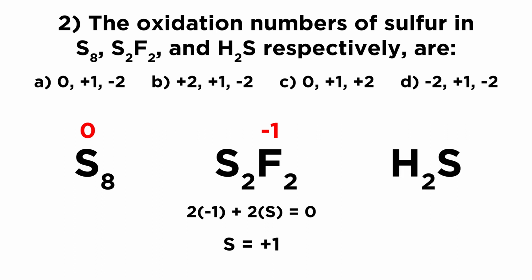And then for the last one, H2S, we know that hydrogen is typically +1, and so two +1s plus whatever sulfur is must add up to 0, because again, this is a neutral compound, and that means that sulfur must be -2. So we need to find the answer that lists 0, +1, and -2 in that order, and so that is going to be A for this question.